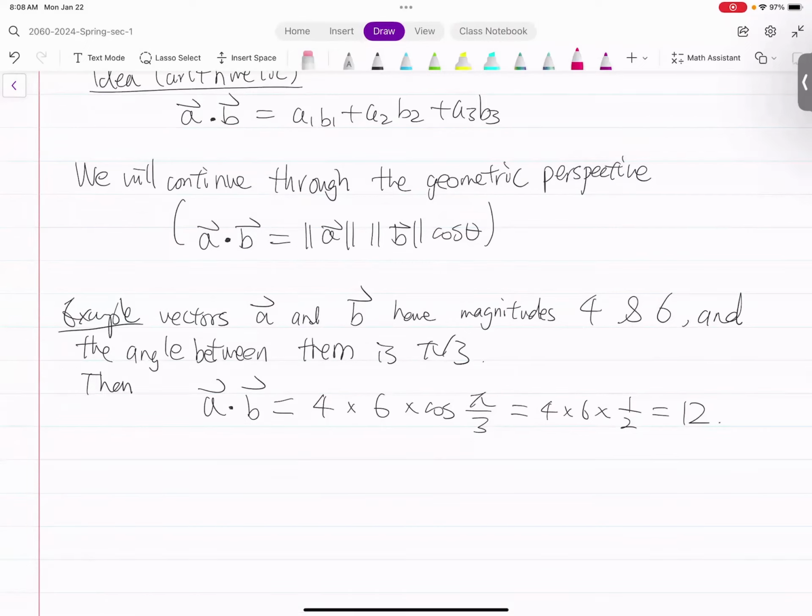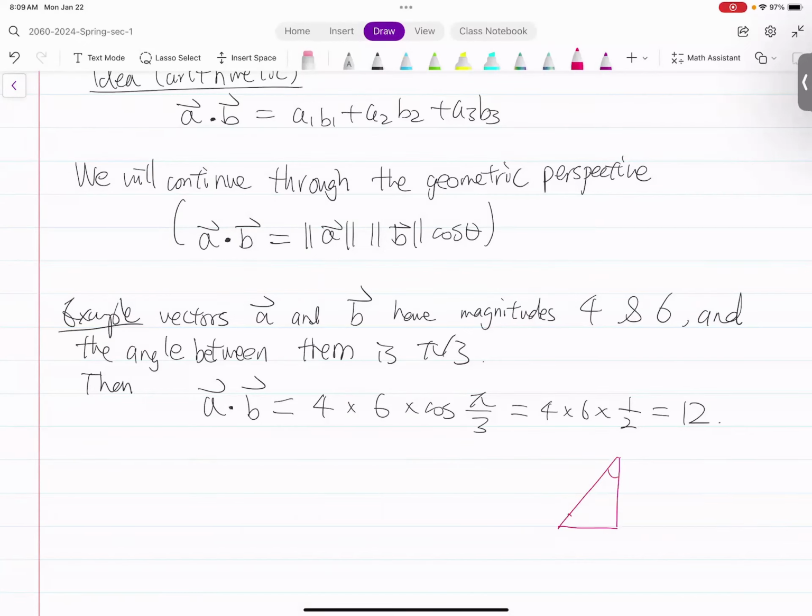So if you want to somehow review the cosine for special angles, you can draw the triangle out. So here, okay, this triangle, I probably have the angles to be pi over 4, so that looks a little bit off.